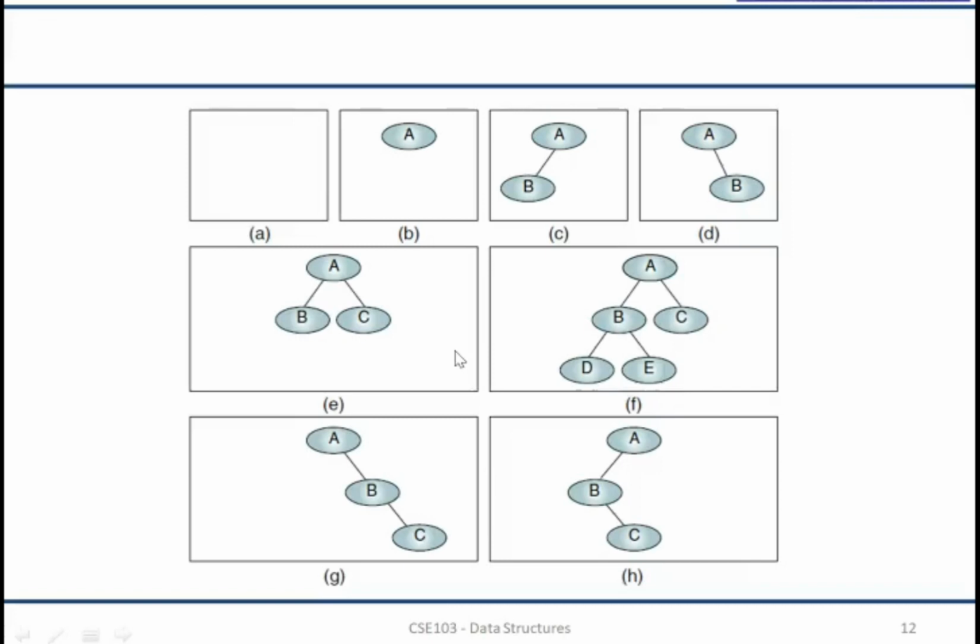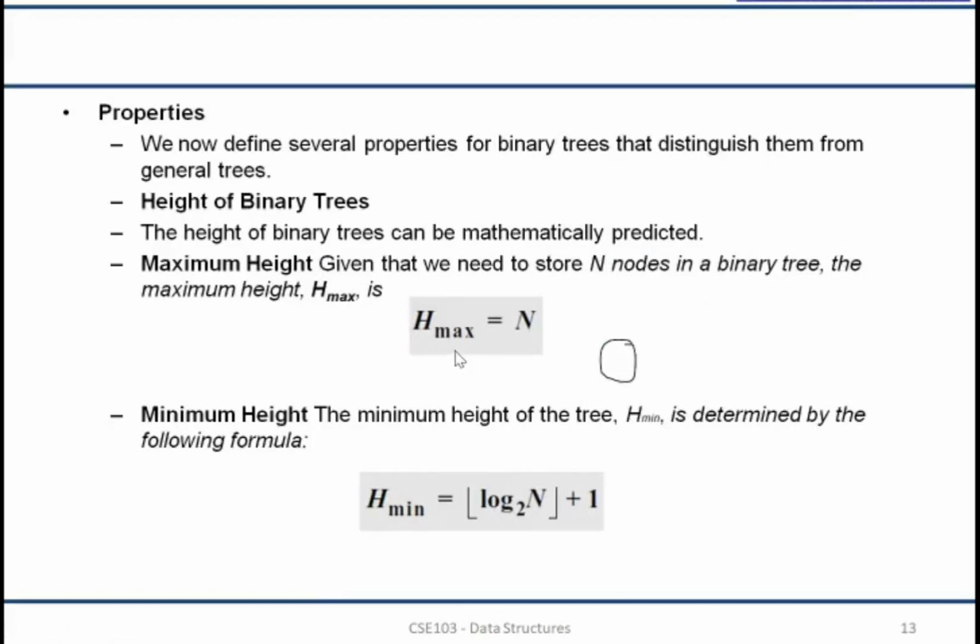Now, what are the important properties of a binary tree? We are going to discuss some binary tree properties. The first one is related to the height of a binary tree. Suppose the n value is given to you, where n is the number of nodes in a binary tree.